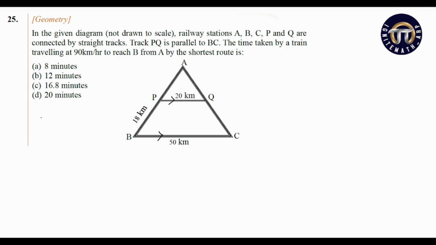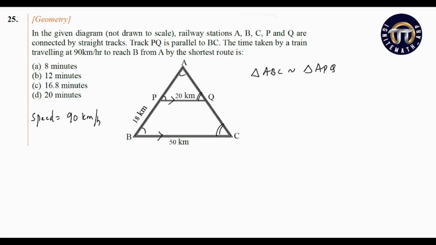Here you must know that speed is given to you. Speed is equal to 90 km per hour. So here I can say that triangle ABC is similar to triangle APQ. How is it? Since these two lines are parallel to each other, I get this angle equal to this angle, corresponding angles, and this angle equal to this angle, corresponding angles.